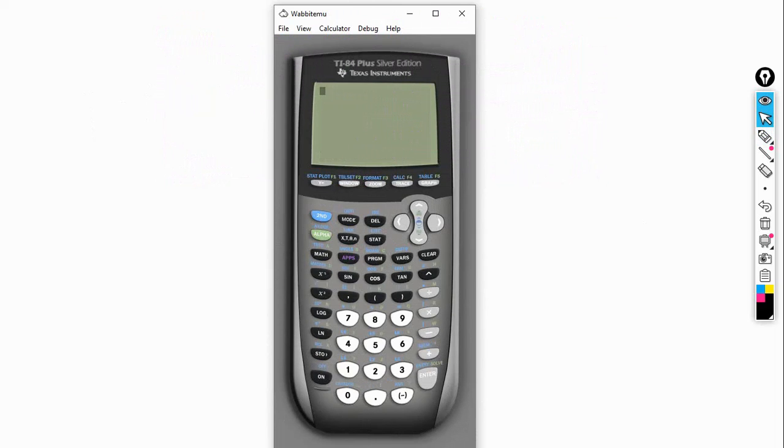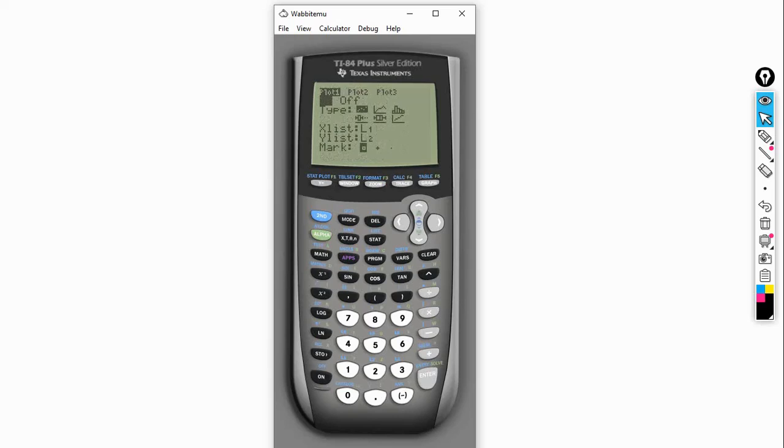So here we are with the GDC, and the first thing we're going to do is click on Stat and Edit. Notice that in list 1, I have the changes in temperature, and in list 2, I have the changes in the length of the bar. Now we're going to see the scatter plot. Let's go to Stat Plots and make sure that it is on.